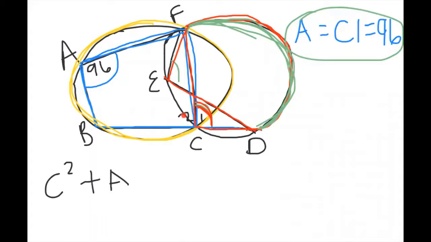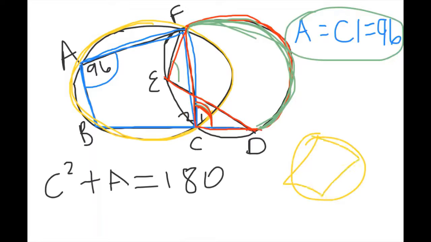This is C2 over here. The opposite angles of a quadrilateral add up to 180. So X plus Y equals 180, and if this was A and B, then A plus B is also 180.